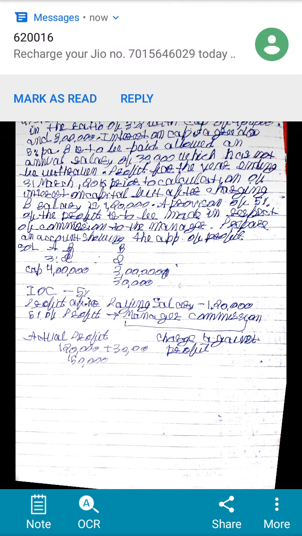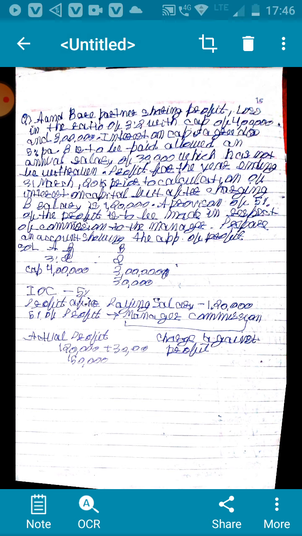So the solution is: A and B are two partners sharing profit and loss in the ratio of 3 to 2. Capital is given as 4 lakh and 3 lakh. Interest on capital is 5%. Profit after paying salary is 1 lakh 20,000, and 5% of profit is the manager's commission.